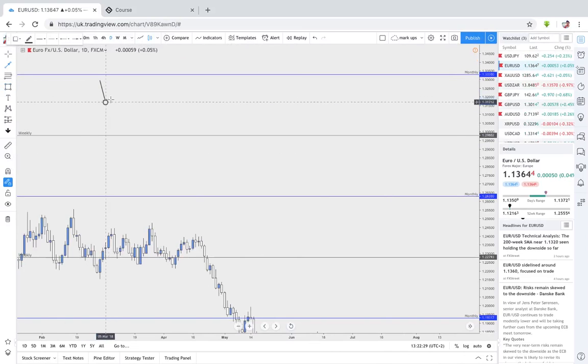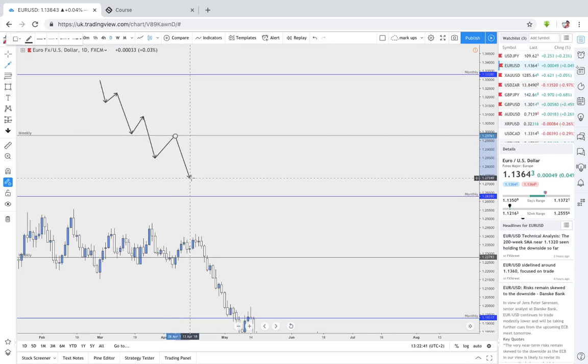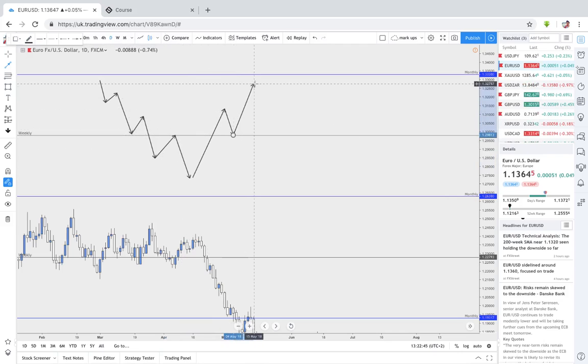Okay, so we have our downtrend over here. That is our break. Okay, this line over here, that is our break of structure.